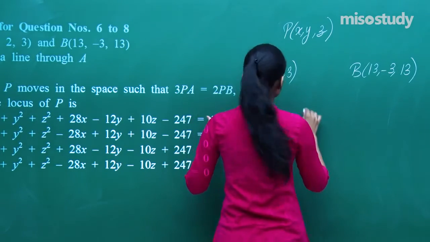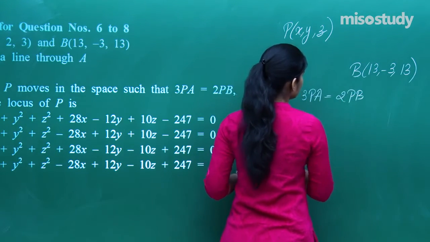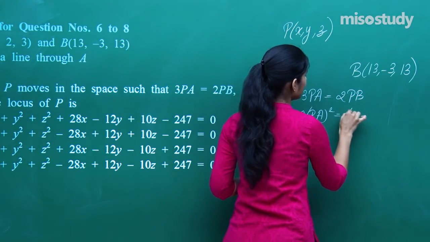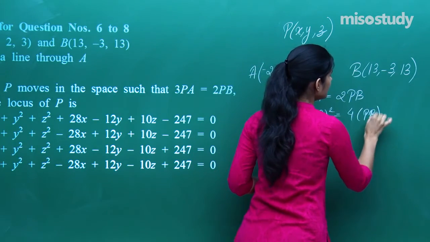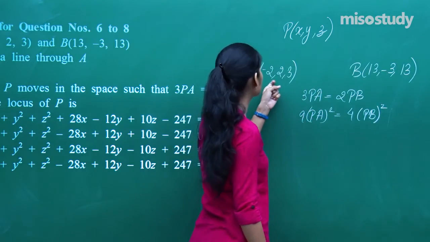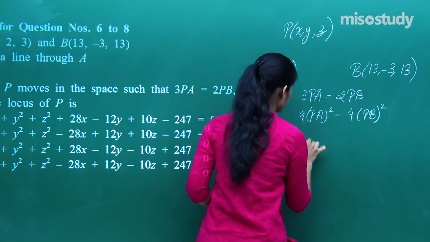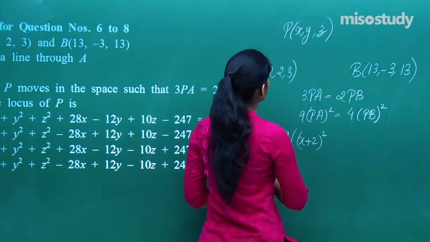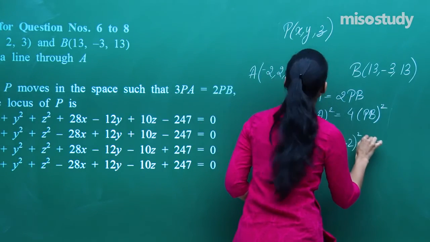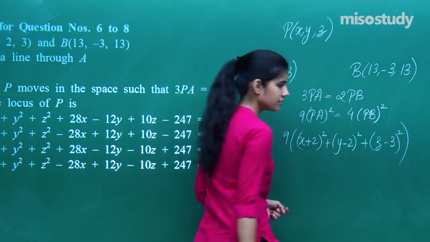3 times PA equals 2 times PB. If you square both sides, you get 9 times PA square equals 4 times PB square. Right? 9 times PA square. So basically you get x minus minus 2 whole square plus y minus 2 square plus z minus 3 square.